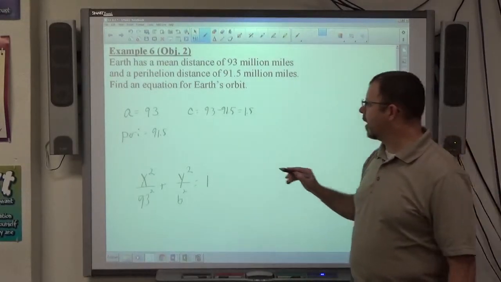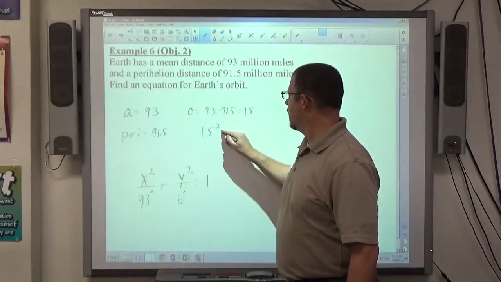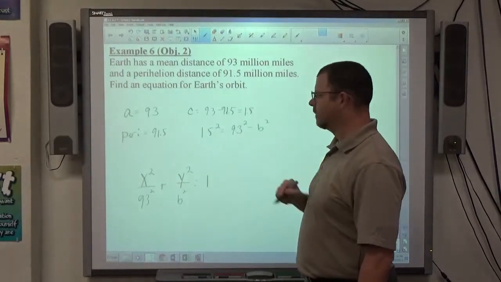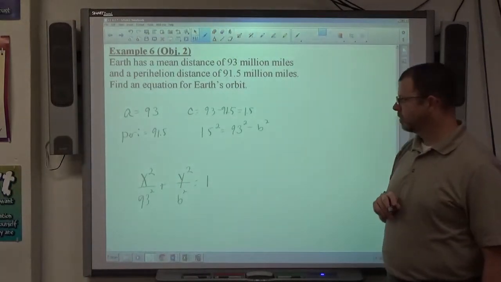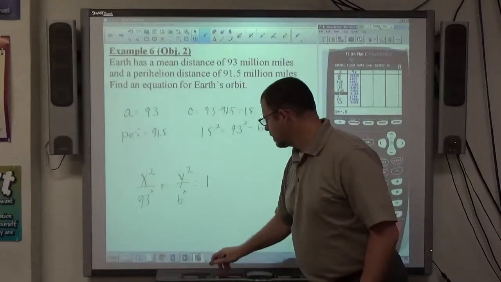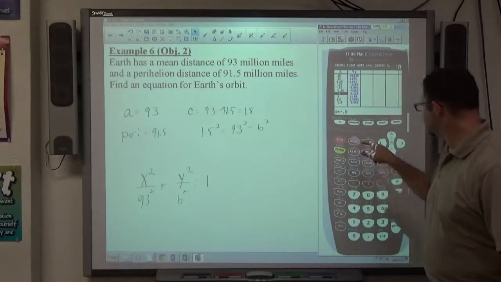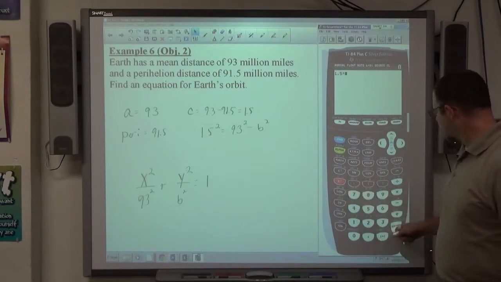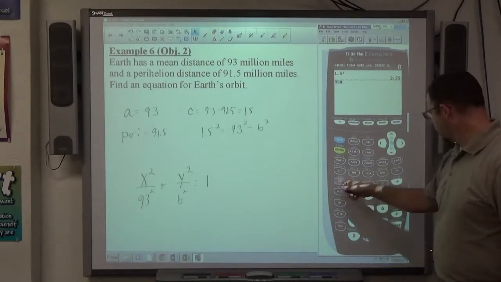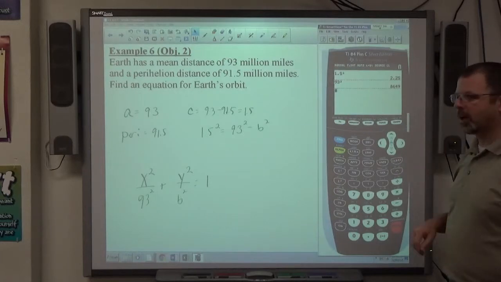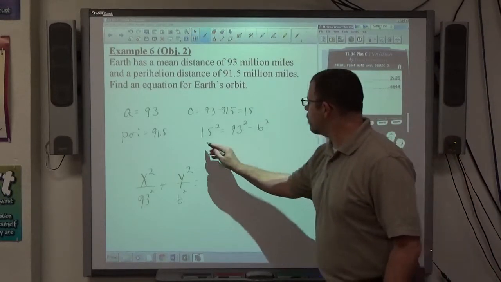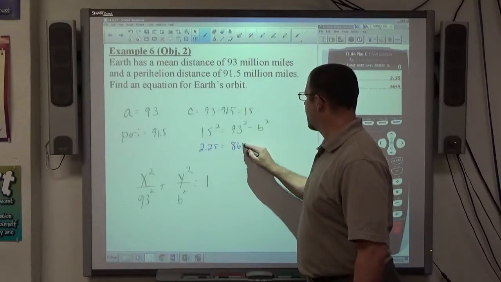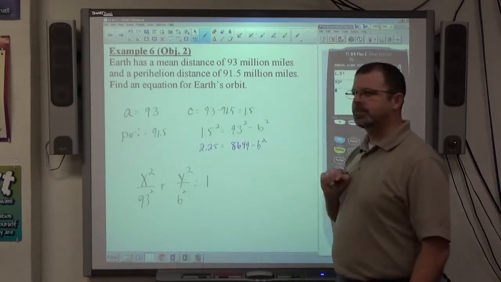I know that C squared is equal to A squared minus B squared. If I square things up, 1.5 squared is 2.25, I hope. 93 squared is some number I don't know off the top of my head, 8,649. So 2.25 is equal to 8,649 minus b squared.